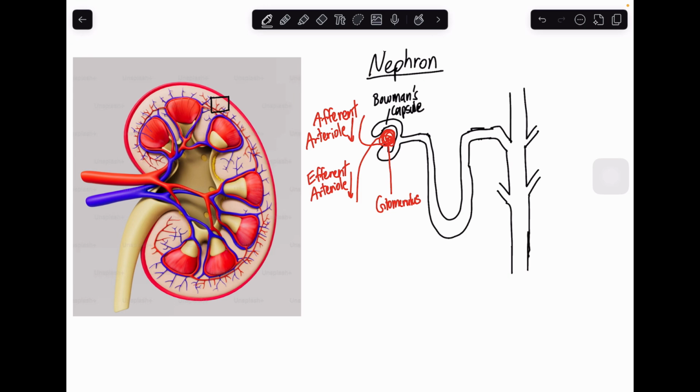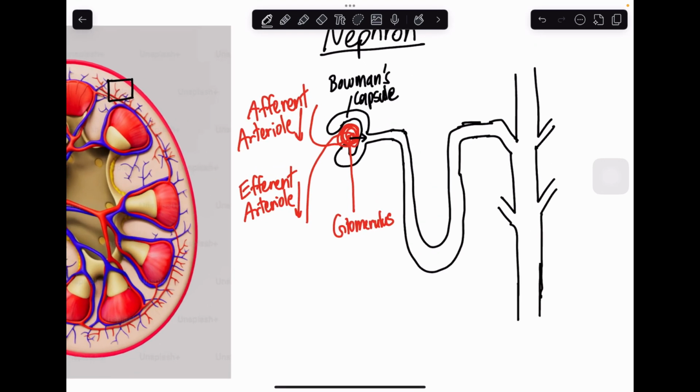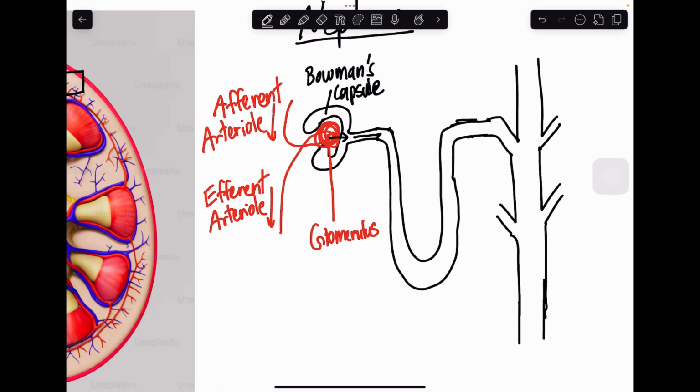And while it's being swished around, there are certain elements leaving the blood to create a filtrate. This filtrate then enters this nephron and moves through it. The first part, after entering the Bowman's capsule, that the filtrate enters is called the proximal convoluted tubule.